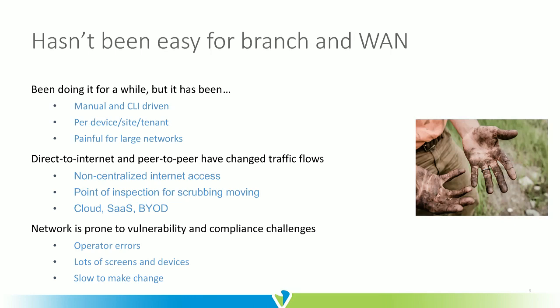And you may have a lot of different screens depending on how many vendors you have, and so it becomes very, very complex, and it makes it more vulnerable to being out of compliance, and potentially even more vulnerable to security threats as a result of mistakes, to the other bullet point that we were talking about.